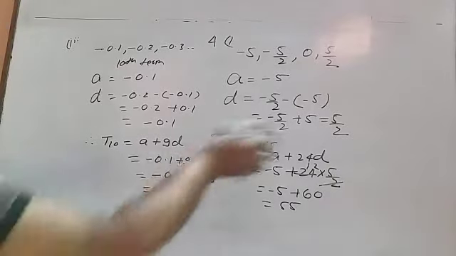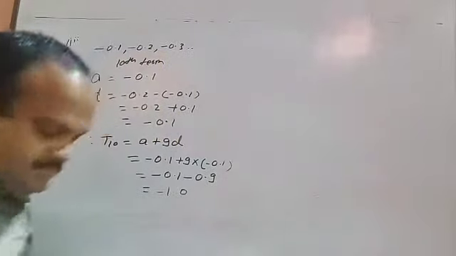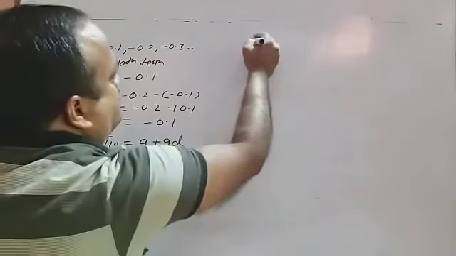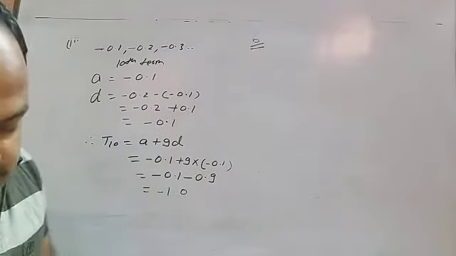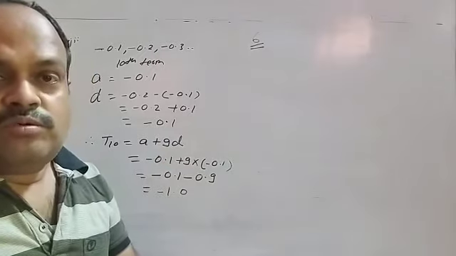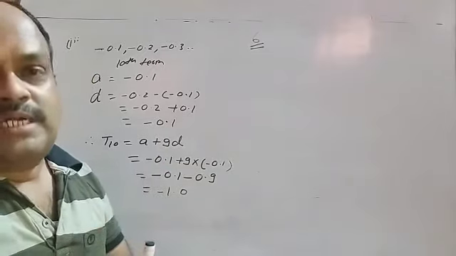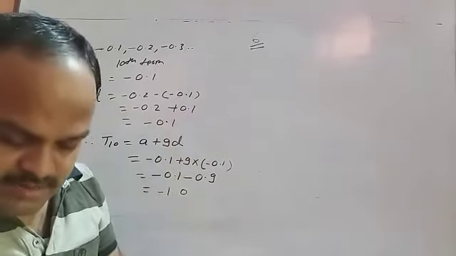Question number 6. What is the common difference of an AP? I have told you that to find the common difference, we need to subtract the first term from the second term, or the second term from the third term, or the third term from the fourth term.